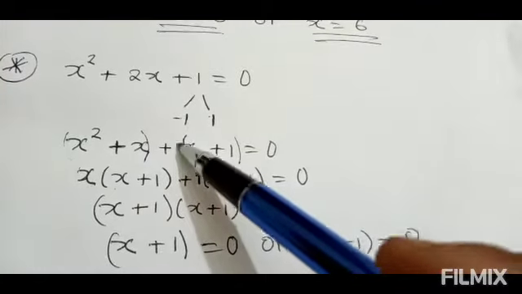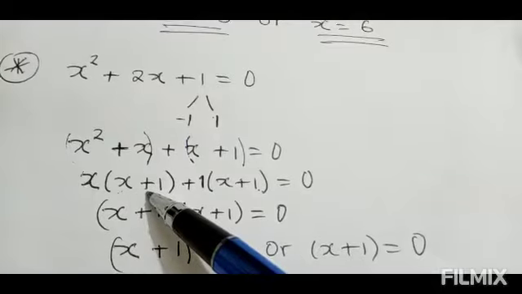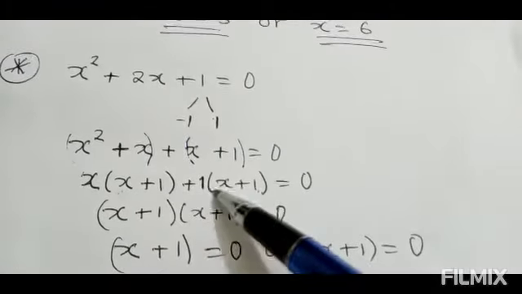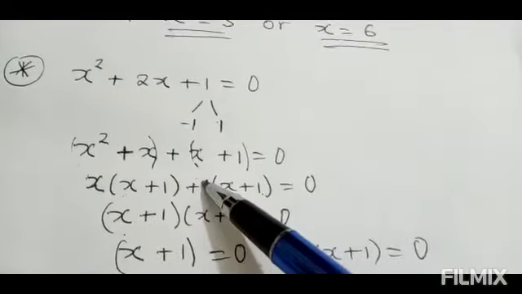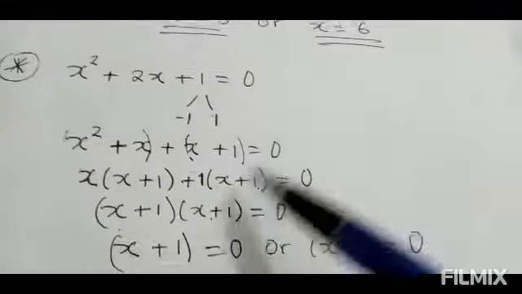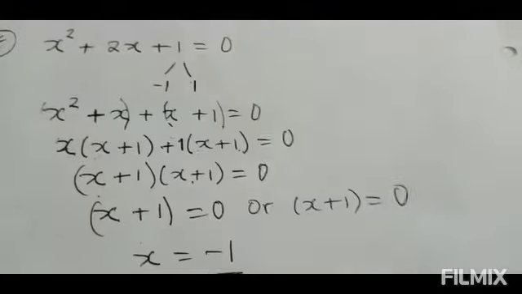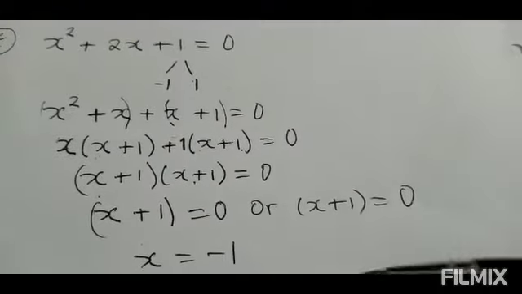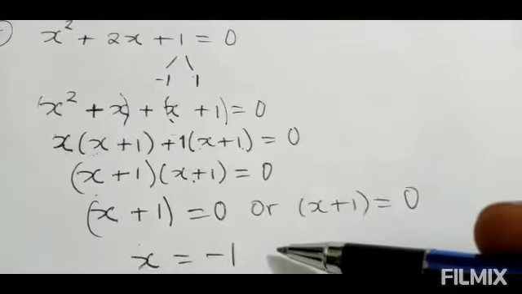We remain with x plus 1. So we have x plus 1 as a common term. We factor it out, and then we remain with x plus 1. So either x plus 1 is equal to 0 or x plus 1 is equal to 0. It's the same. So in both cases, x is equal to negative 1.